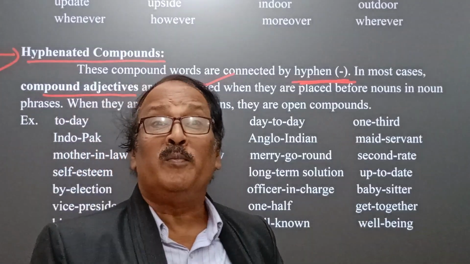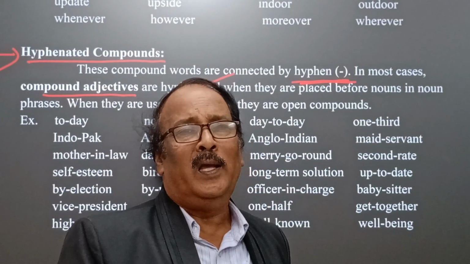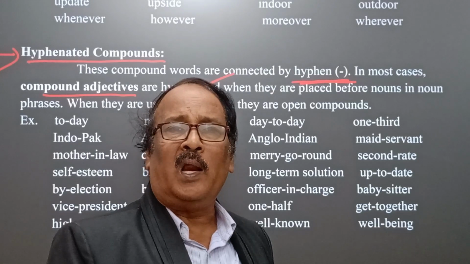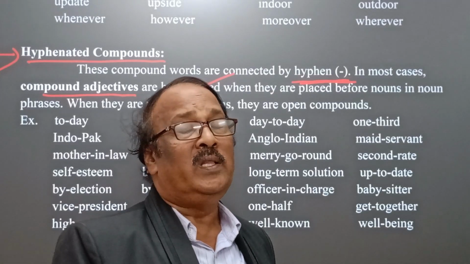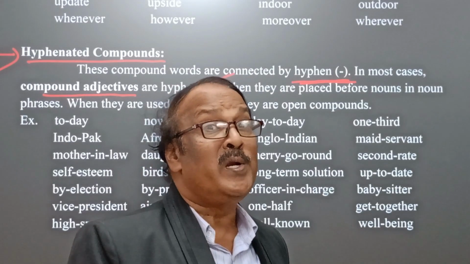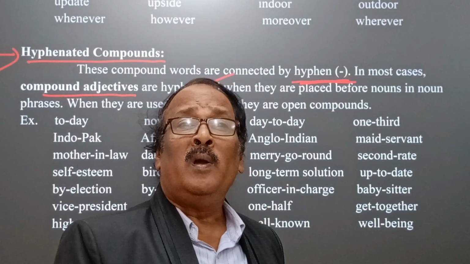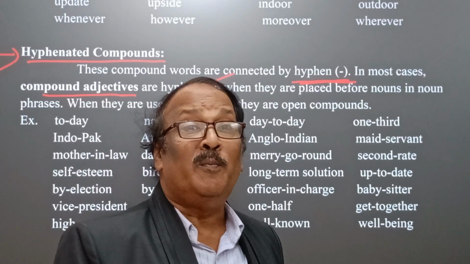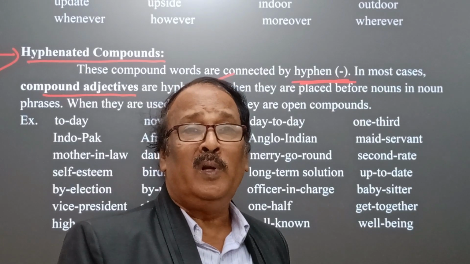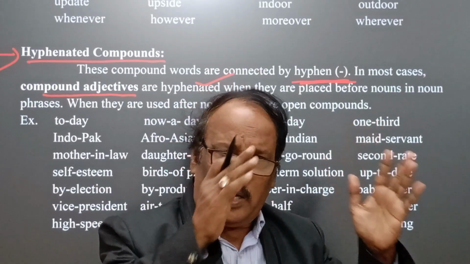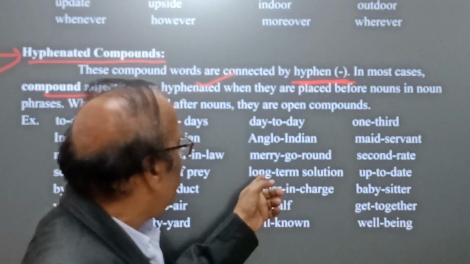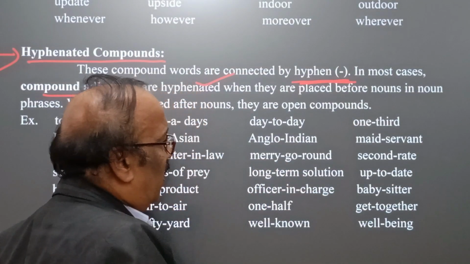Naturally, a long-term solution is needed for the problems between our country and China and Pakistan, because the border problem is unsolved. That is the main reason of tension between our neighboring countries. Here we find a long-term solution.